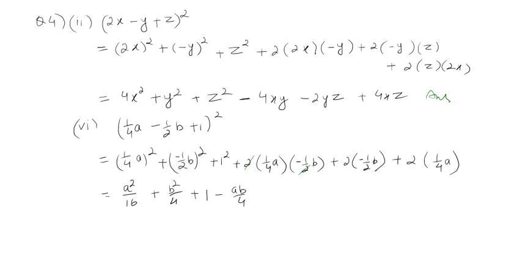Then again we have minus, here the 2 cancels, so we have only minus b, and then 1 upon 2, because 2 and 4 will get cancelled. We can write it in the lowest form, right? So this is the answer we have now. Understood how it's done?